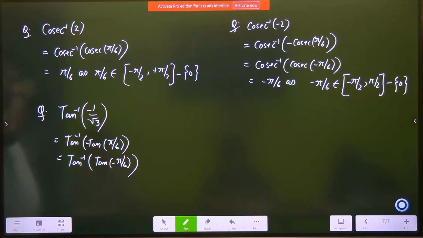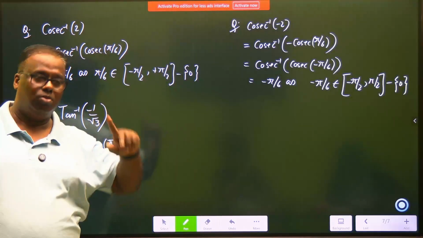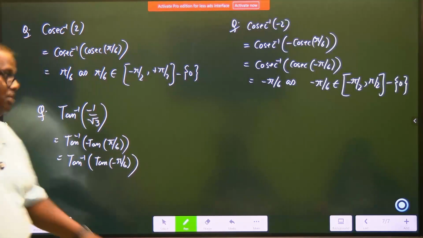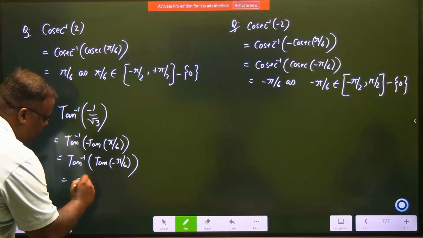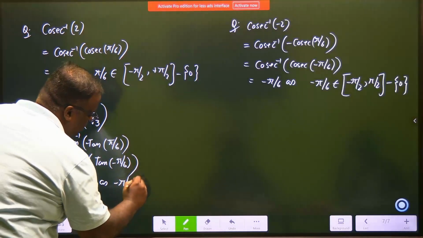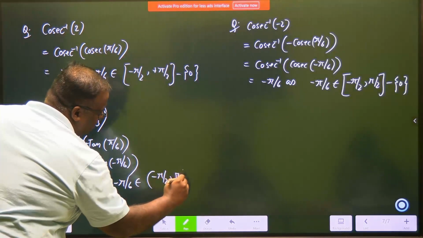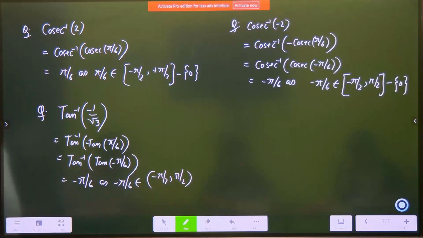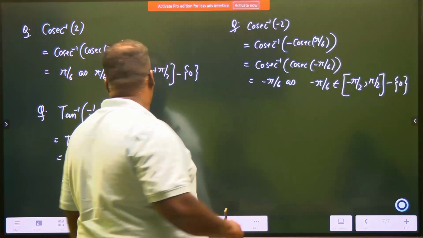Now what is tan? Tan follows sine, except that it is with open intervals. So can we write it as negative pi by 6 belongs to negative pi by 2 to pi by 2. Tan is same as sine, just with the curved brackets.